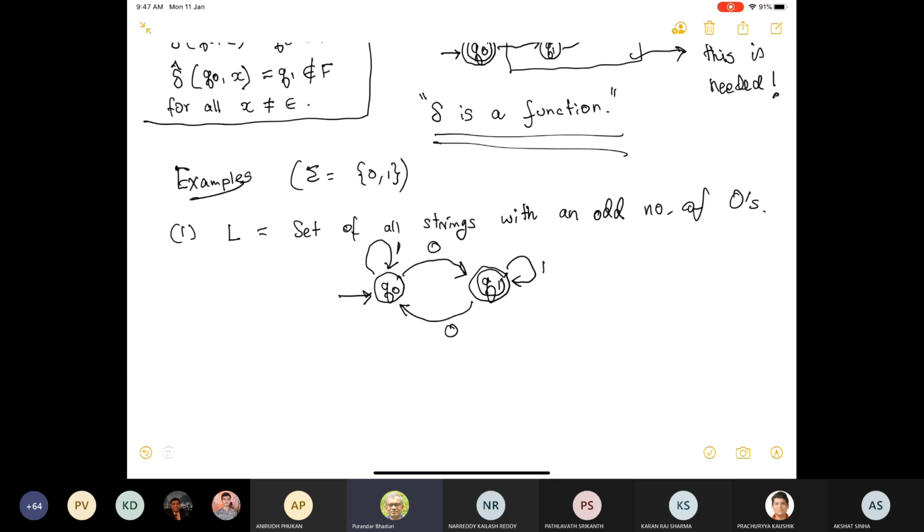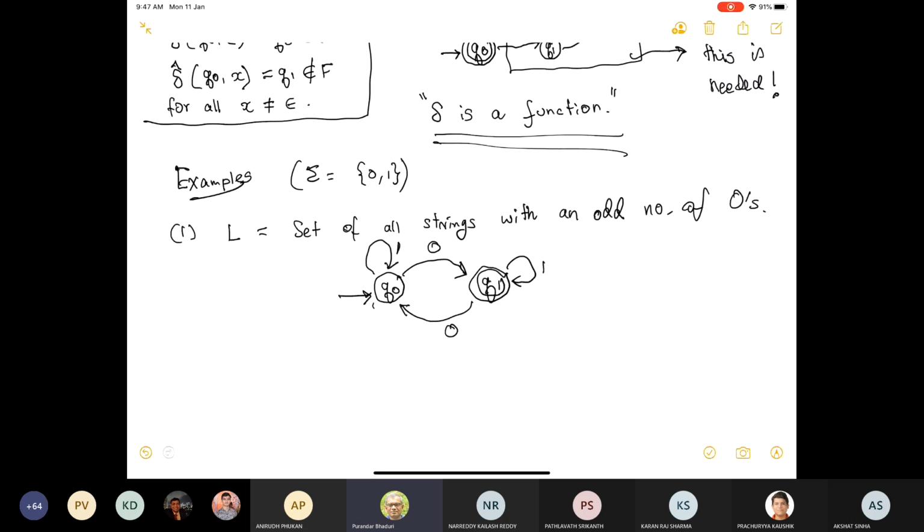As I mentioned, when you are in state Q naught, you have seen an even number of zeros, okay? And the number of ones could be arbitrary, odd or even, doesn't matter. When you are in state Q1, you have seen an odd number of zeros, okay? And of course, you can prove it by induction on the length of the string. I leave the proof to you.